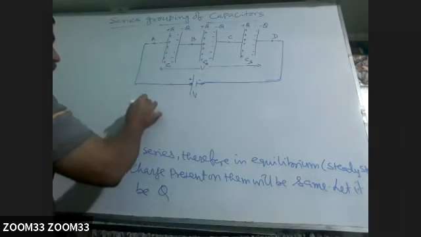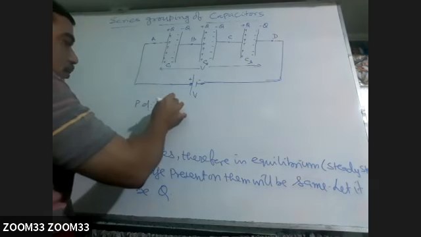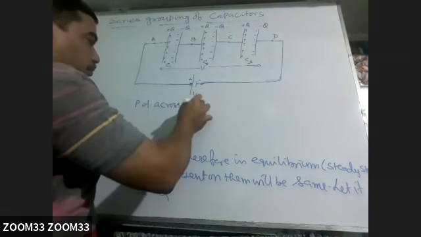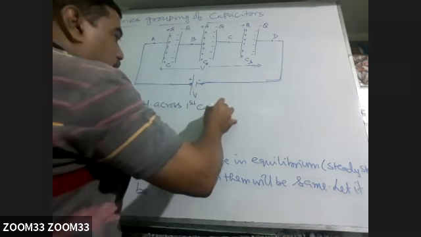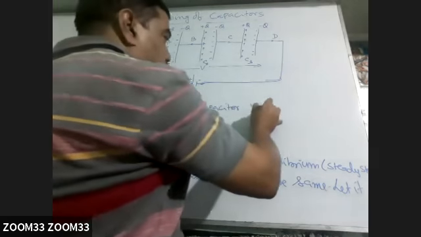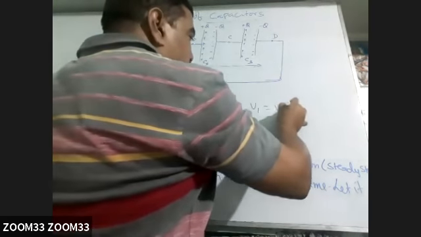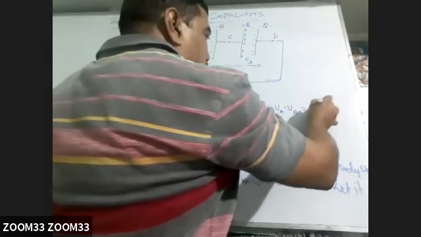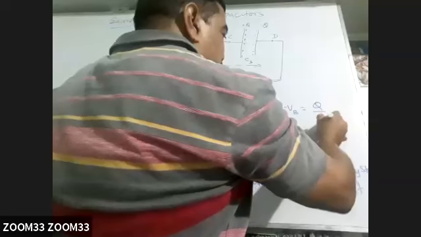So potential difference across first capacitor, this V1 which is equal to VA minus VB, will be how much? Q over C1.